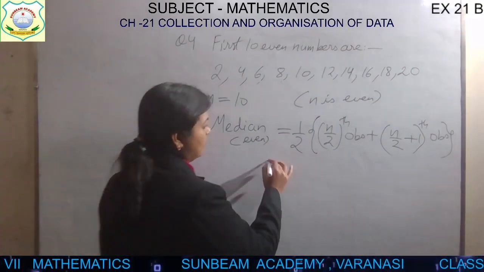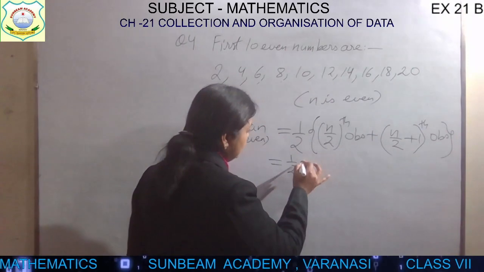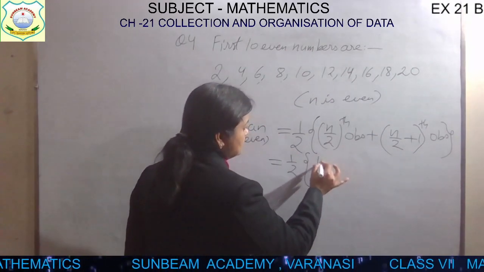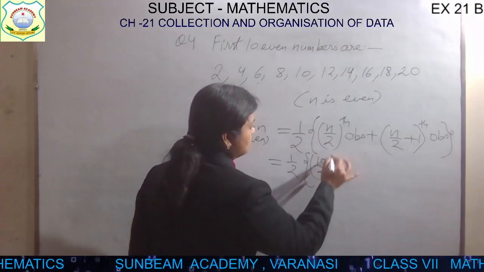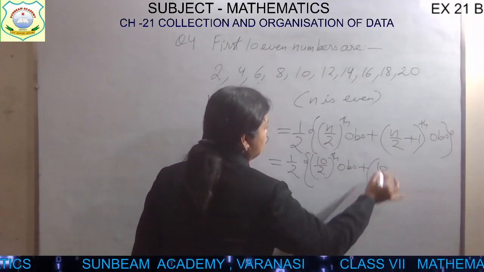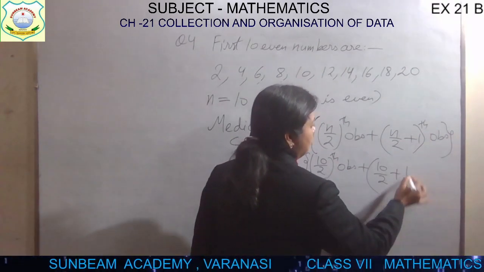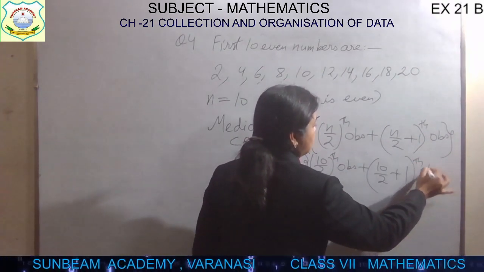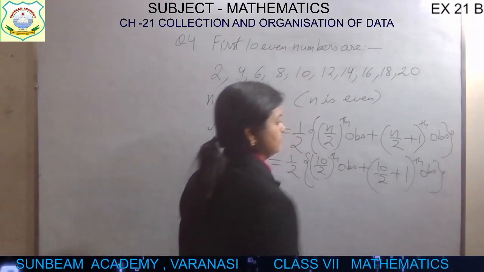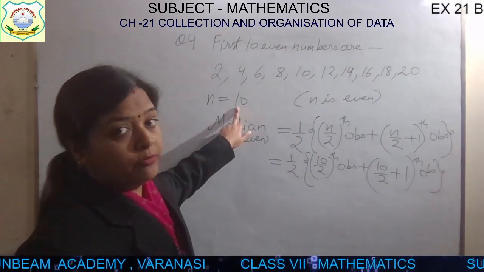So now what is n? N is 10. Total number of observations were 10.